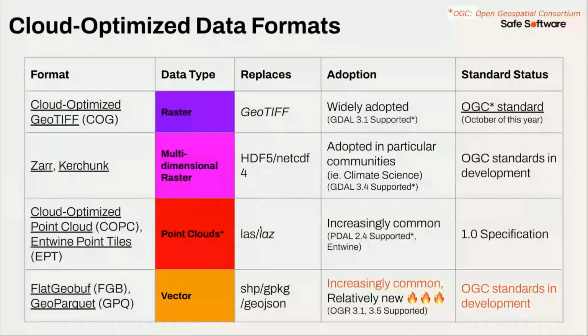Cloud-optimized point clouds are replacing LAS files, and then GeoParquet and FlatGeobuf are replacing shapefiles, GeoPackage, and GeoJSON. And they all have some form of standard either in the process or an already established open geospatial OGC standard. And so there is a lot of support around all of these cloud-optimized formats.